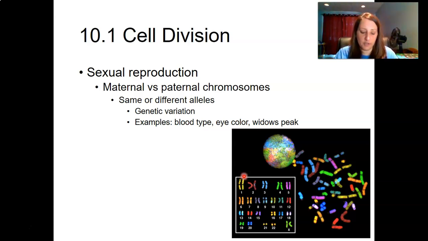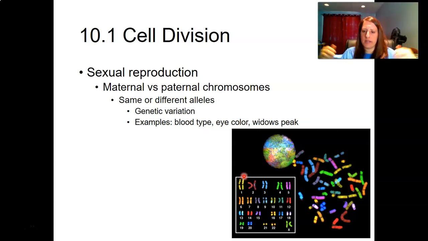For example, if your mom is AB and your dad is A, you could be type B, or you could be type A. You cannot be type AB, and there's no way that you could be type O. Again, that's genetics, which we talk about in more detail in Bio 2.